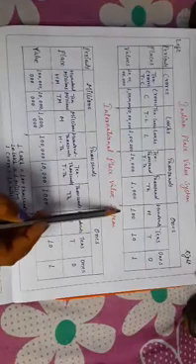Accordingly, in the Indian place value system, we have an initial 3-digit split followed by 2-digit splits, and we put commas between the periods, like this. Now you have understood the differences and similarities between these two place value systems.